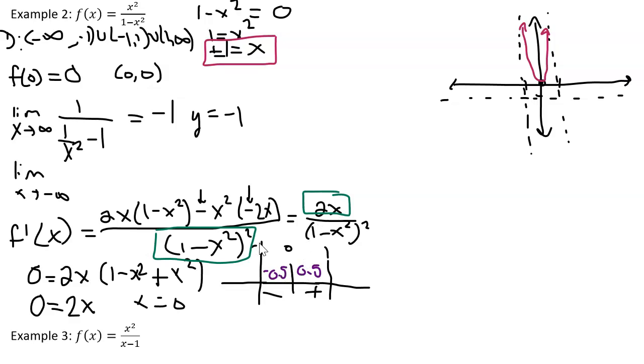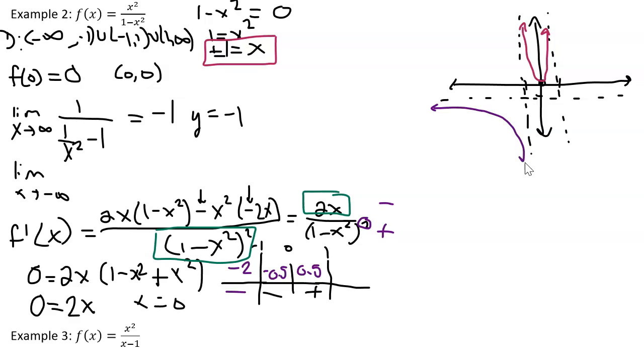Now let's consider a number less than negative 1, like negative 2. If we plug in negative 2 to this function, we are going to get a negative in the numerator, and then 1 minus negative 2 squared is 1 minus 4, which is negative 3, but that's going to get squared, so that argument earlier is still valid, which means the function has to decrease on this left side of the asymptote.